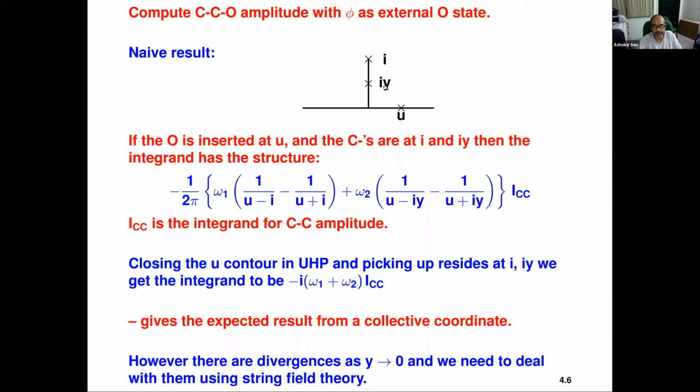We place it at IY, where Y is an arbitrary real number. And the O we can place anywhere, since there are no conformal Killing vectors left. So we place the O at U, and then you have to integrate over the positions Y and U. That's the CCO amplitude.